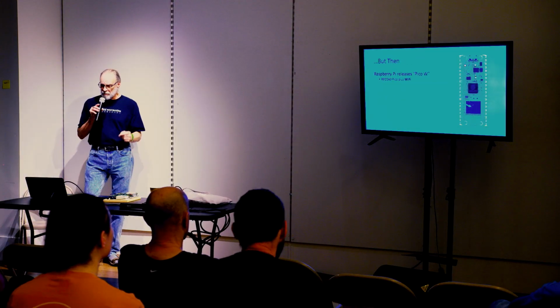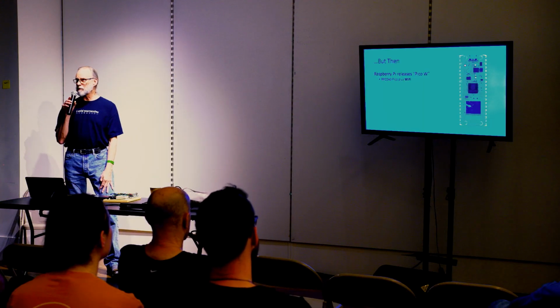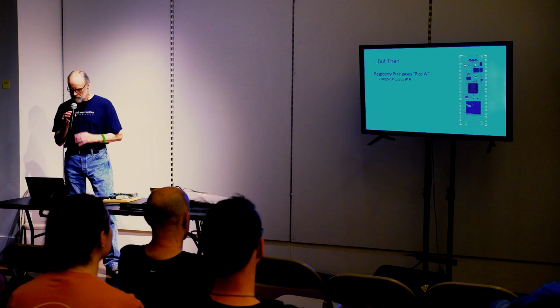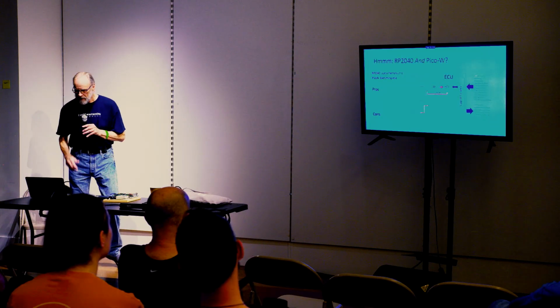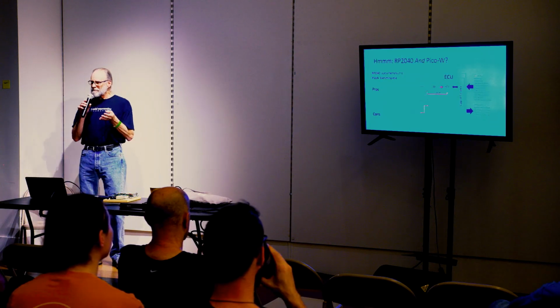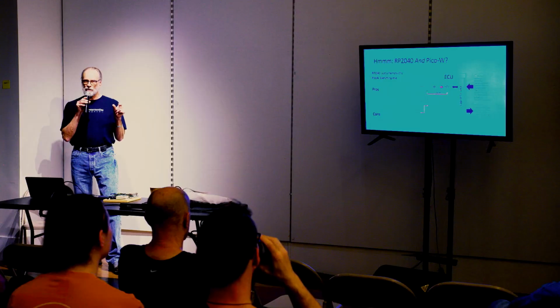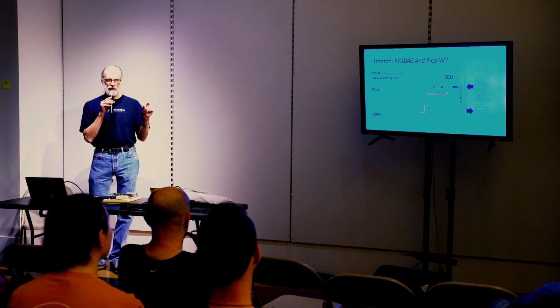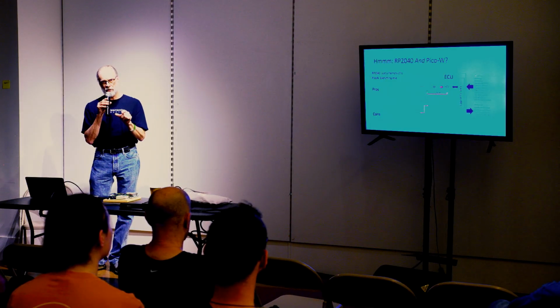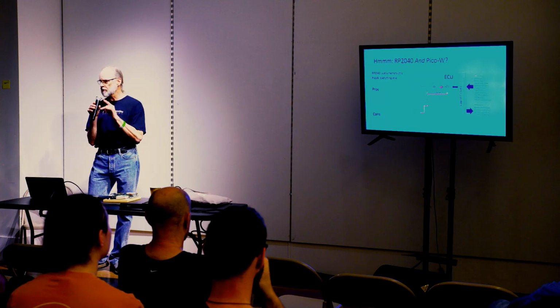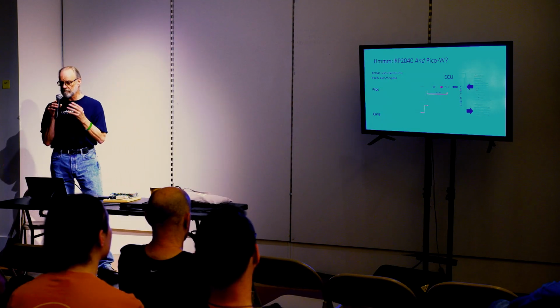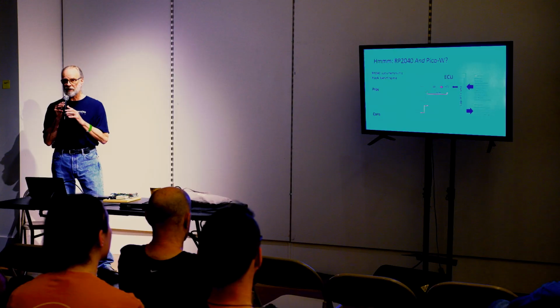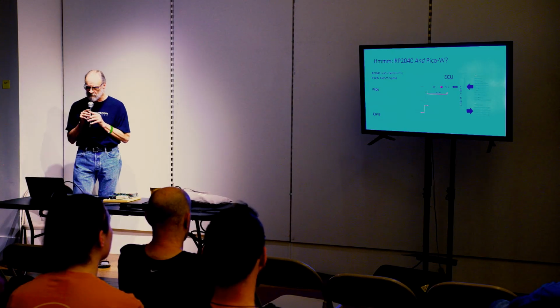But then, to taunt me, they released the Pico W. And that got me thinking, well, what if I used an RP2040 and it just was the EPROM, and then I put a Pico W in and it would take over all the tasks that the other one needed to do, like working with the SD card and the GPS and stuff like that.